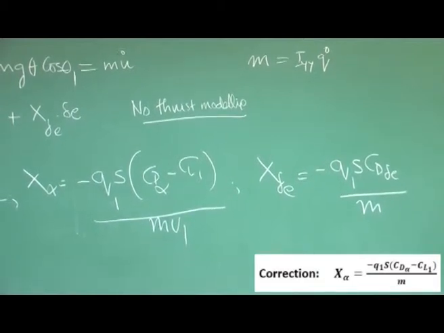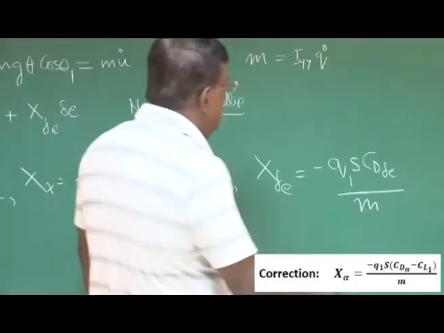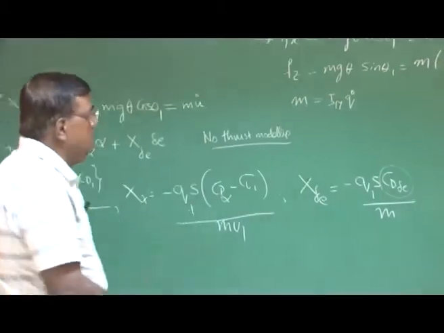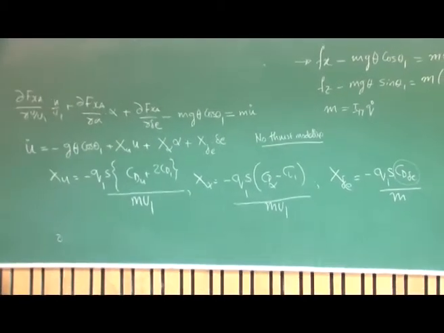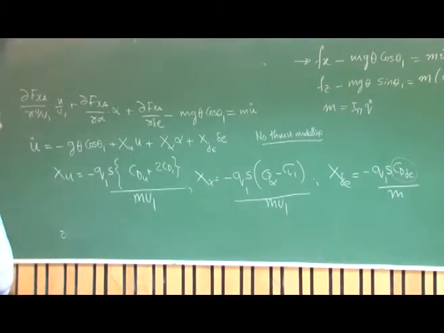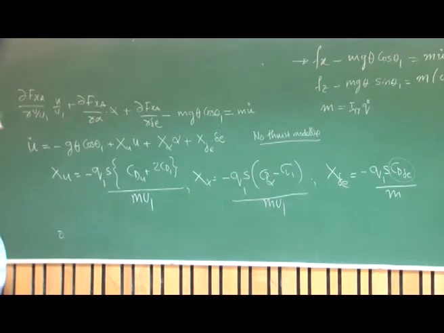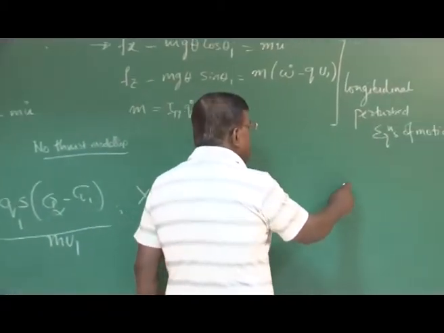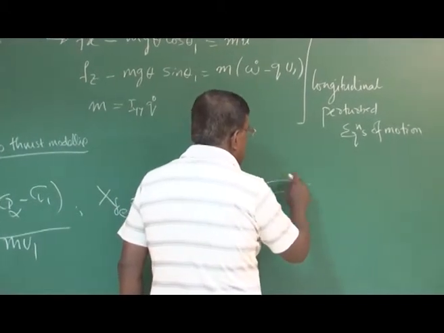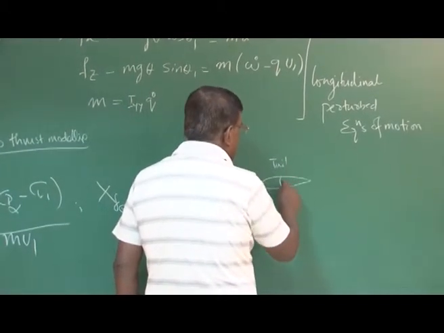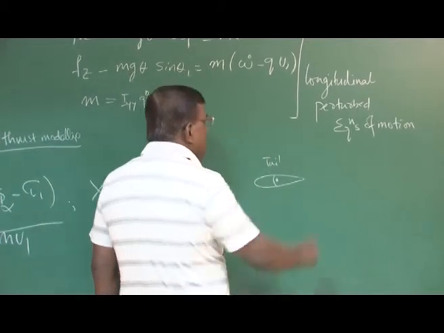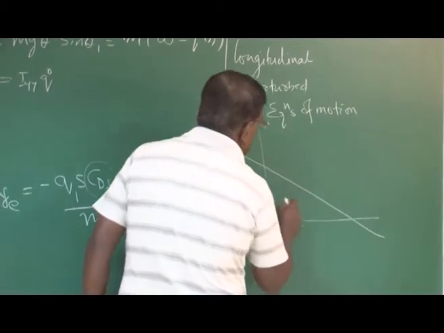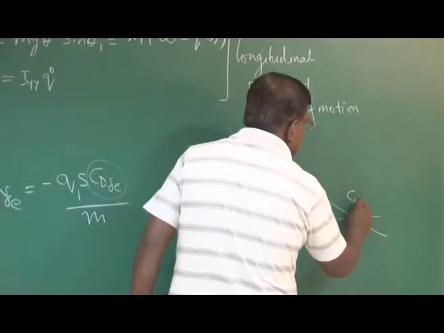What is CD delta E? Don't get lost in this expression. These are mechanical. It doesn't require rocket science to derive these expressions. I have explained enough, but you should not lose the insight. What is CD delta E? See, this is the airplane tail, let's say, and this is the elevator. If I am flying a machine, suppose this is my CL design.